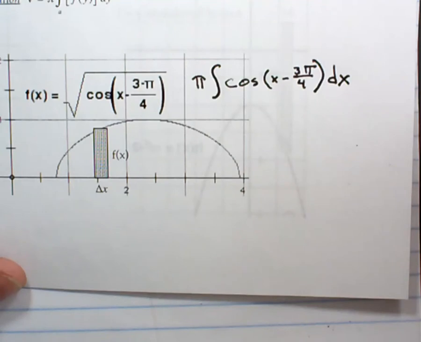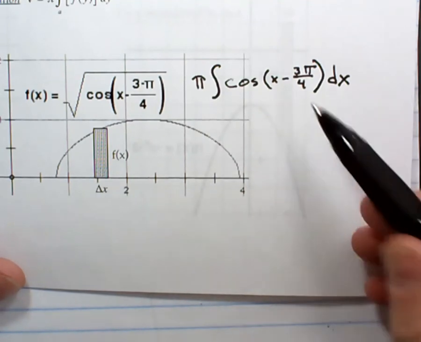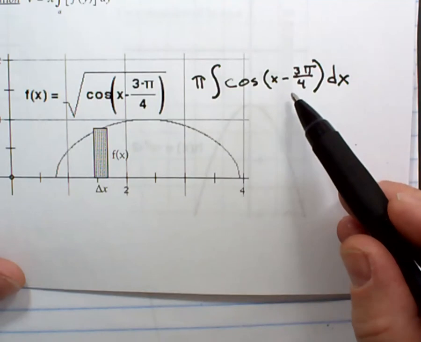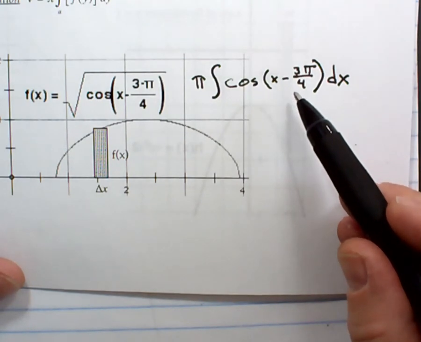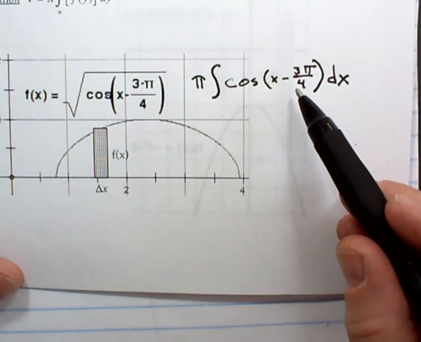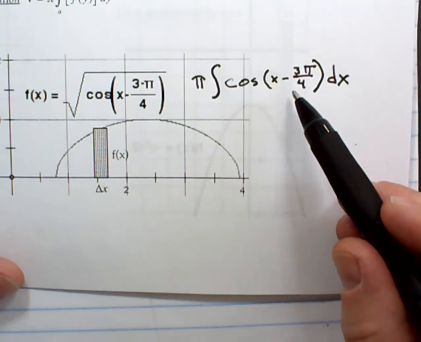You guys had Mr. Karsh last year, right? What does this do? Moves the function which way? To the right, how far? 3 pi over 4, right? Do you agree with that? Somebody in their calculator, what is 3 times pi divided by 4?